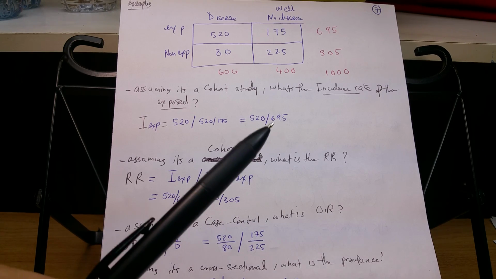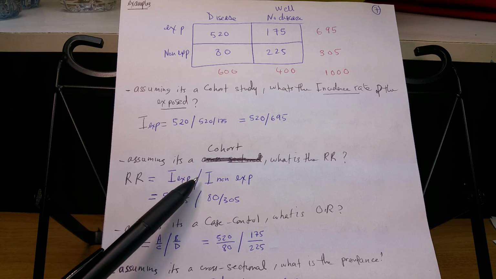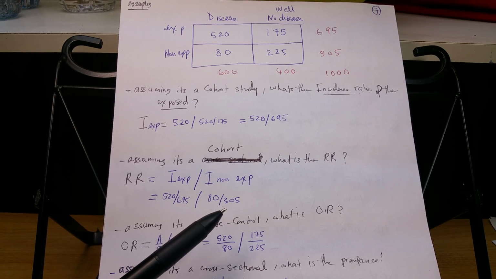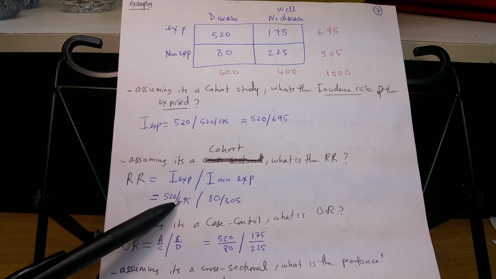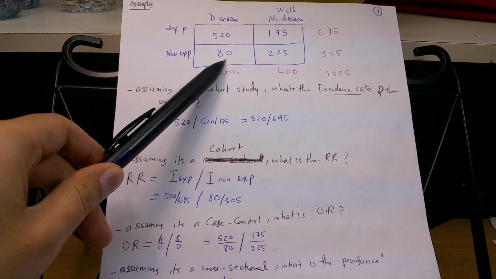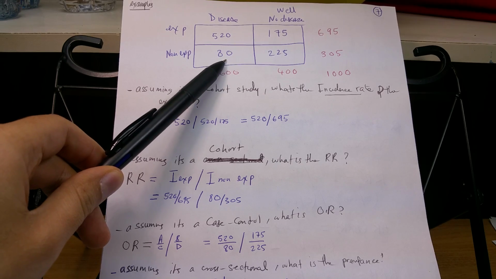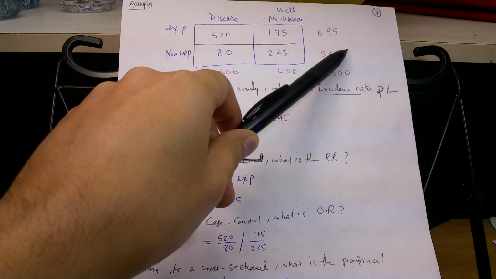So what was the equation? Relative risk. Incidence in exposed divided by incidence in non-exposed. So the incidence in exposed, we already got it, which is this. The incidence in non-exposed, which is the same: people with a disease in the non-exposed group divided by all people at risk.